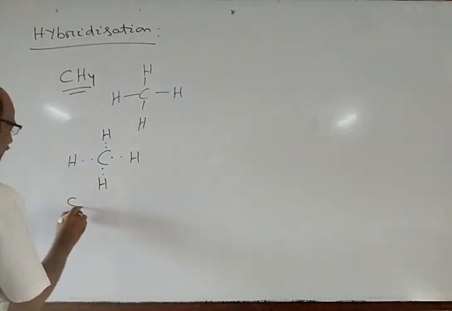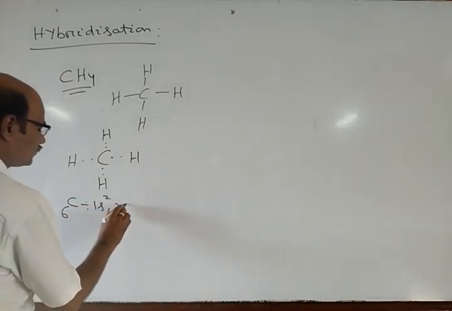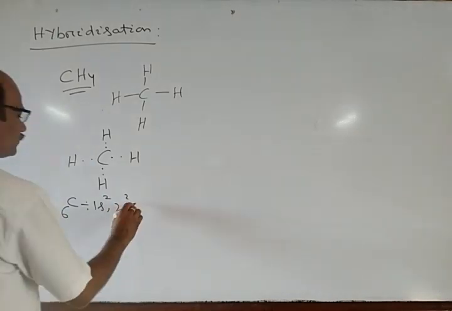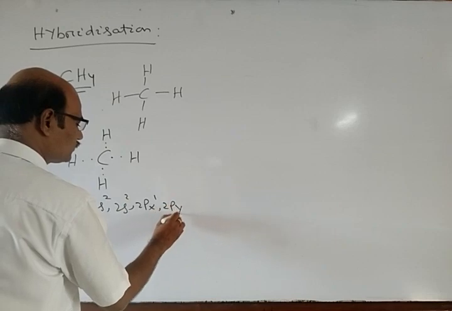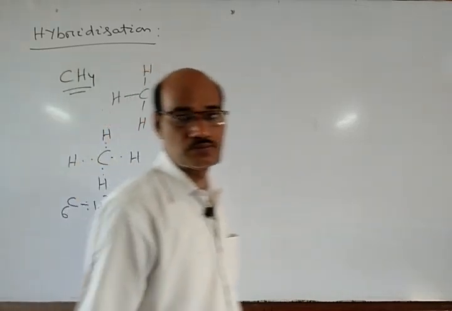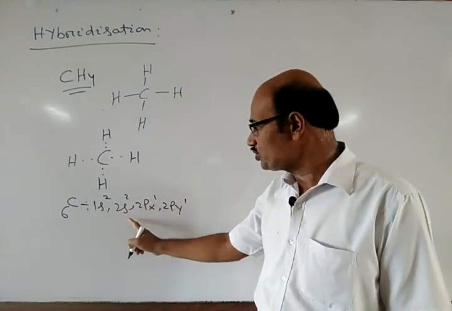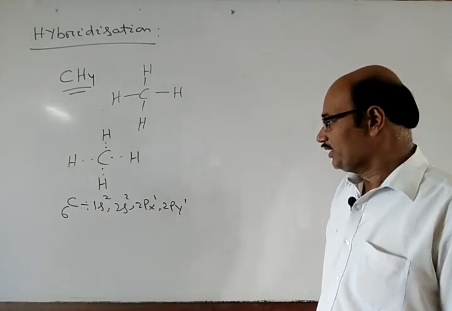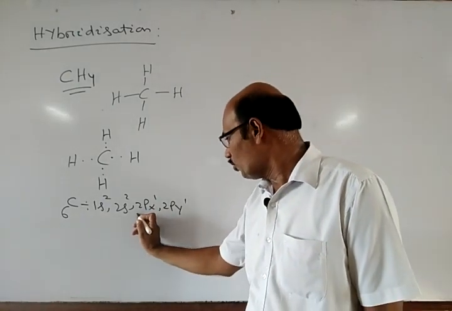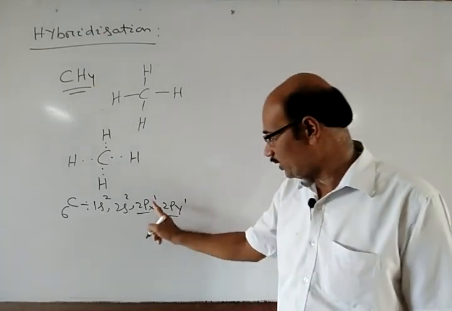Now, if I take carbon with atomic number 6, I have 1s2, 2s2, 2px1, 2py1. Here you see we have only 2 unpaired electrons, 2px1 and 2py1.